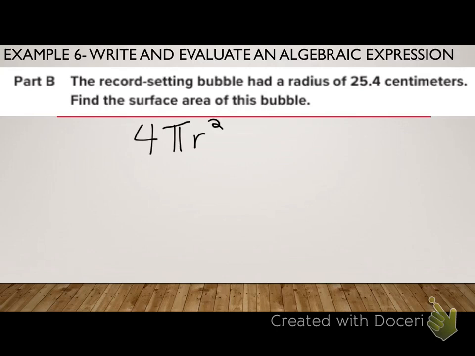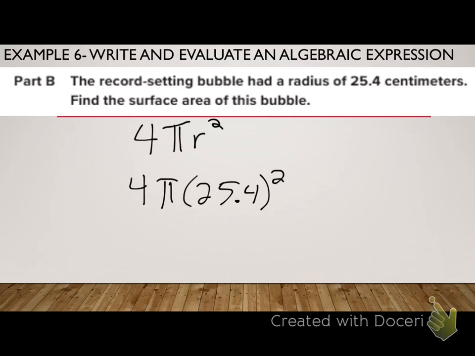So, how do I need to find what the actual record was? How big it actually was, what the surface area of it was. What do I do with that 25.4? Yeah, plugging it in for R. So I'll get 4 pi 25.4 squared. Now, you will be able to use calculators.